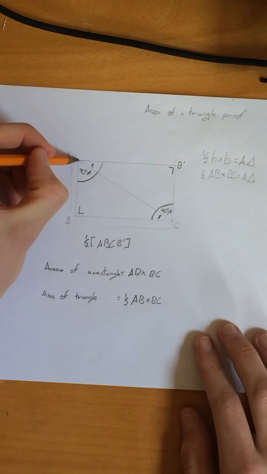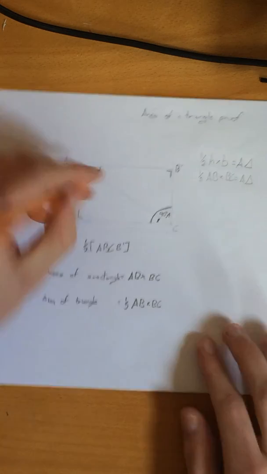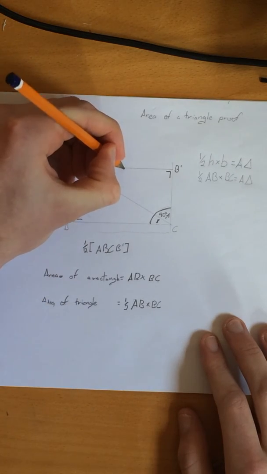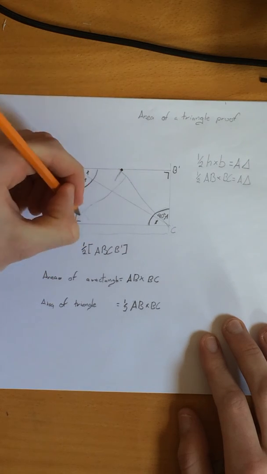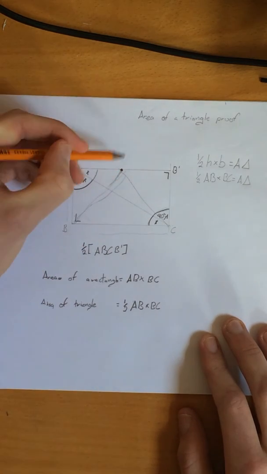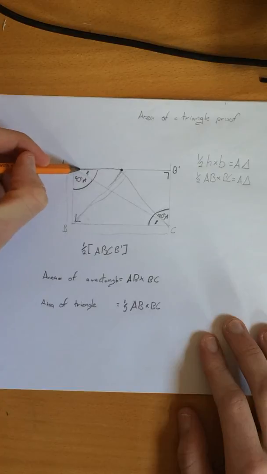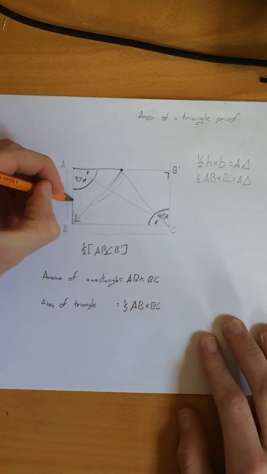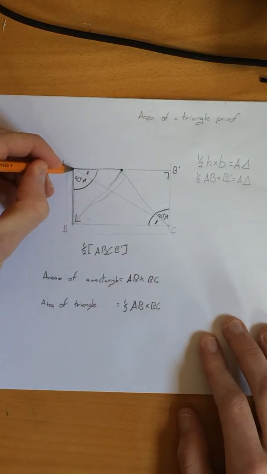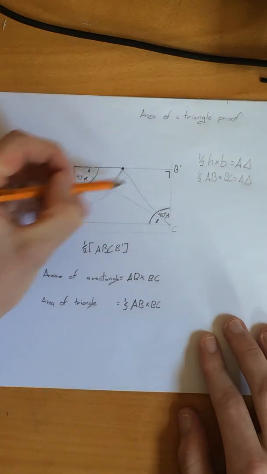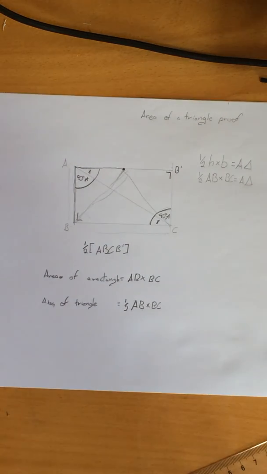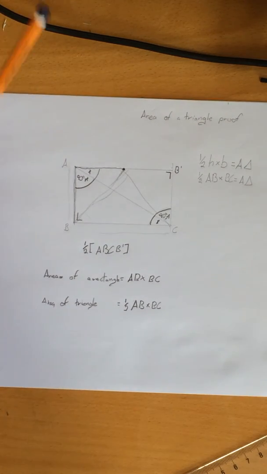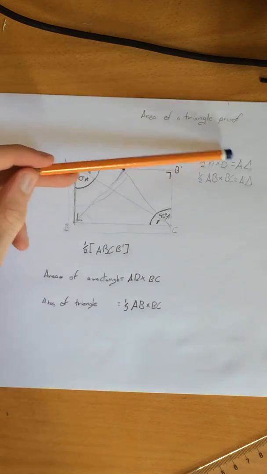So if we were to drag this point, or say we had a triangle with a point here, and that was our triangle there, all we'd have to do is drag this point over to here until we had a 90-degree angle in our triangle, and then we could go through the same process again and prove that the formula for the area of a triangle is equal to half the height by the base.